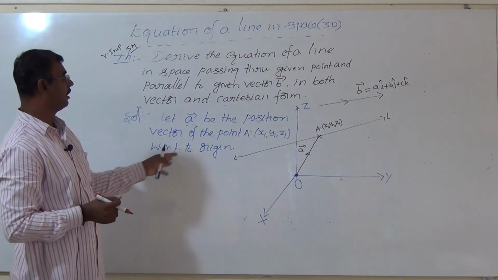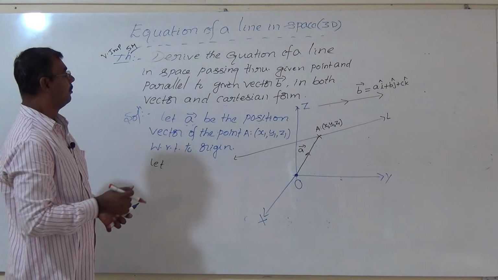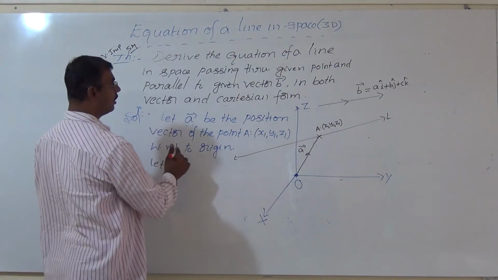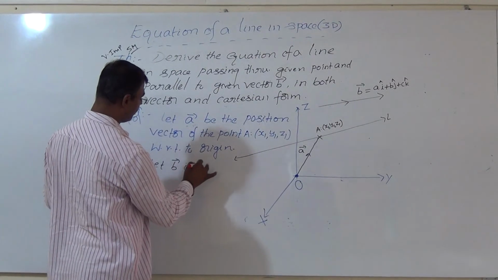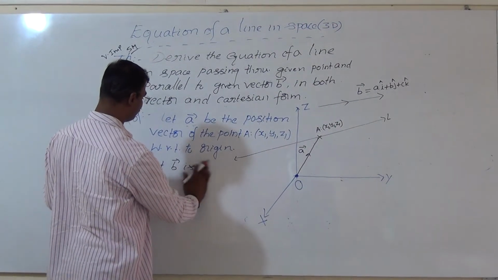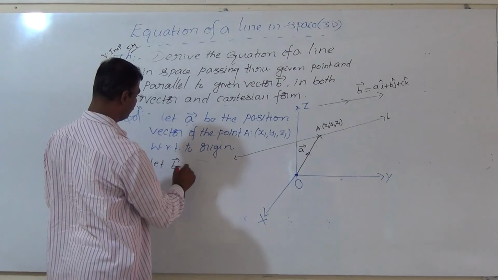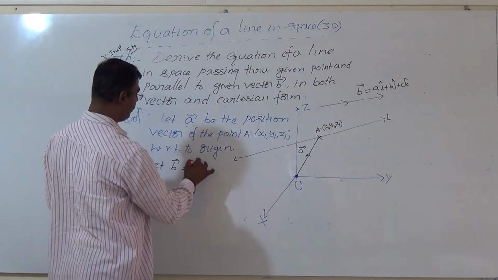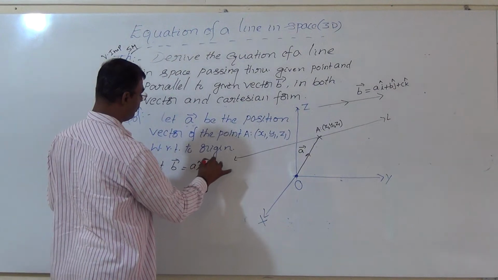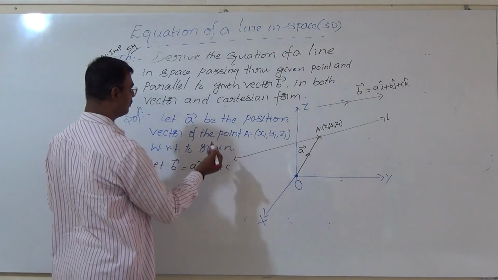So the parallel vector is, let B bar be equal to A I bar plus B J bar plus C K bar.